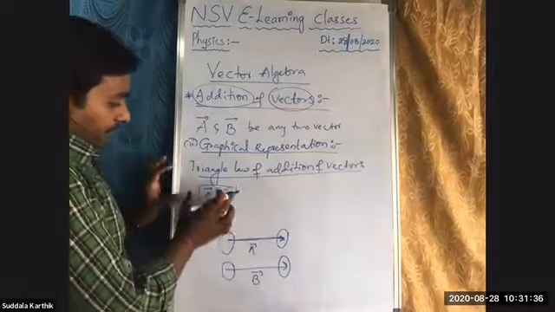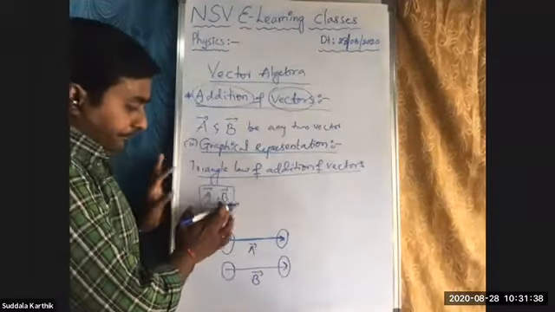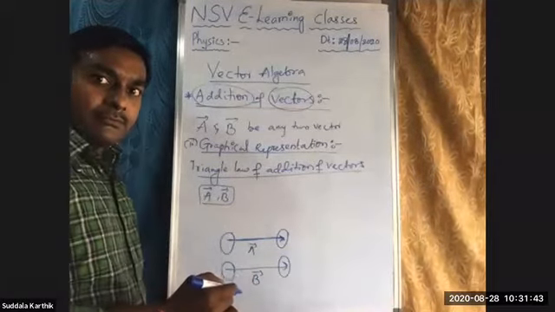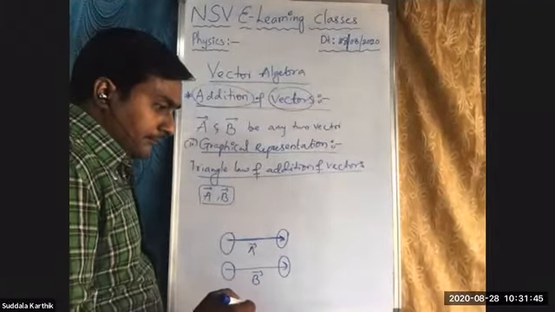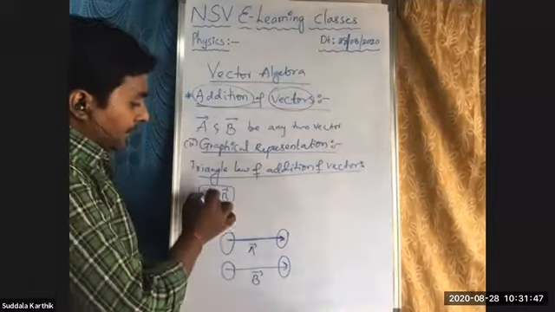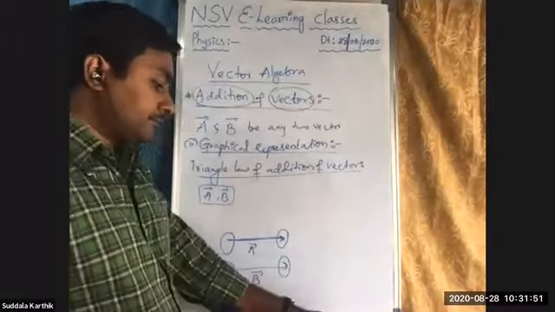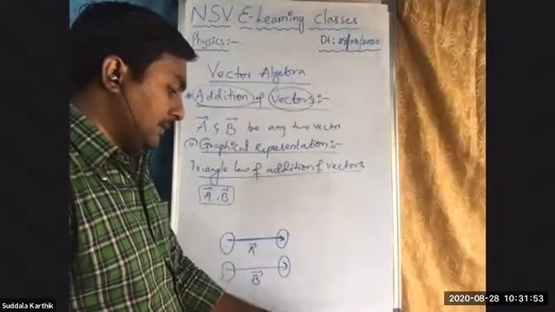This is from the given two vectors, vector A bar. Are you getting voice, Nana? Yes, sir. Right. A bar vector and B bar vector, two vectors are there, Nana.